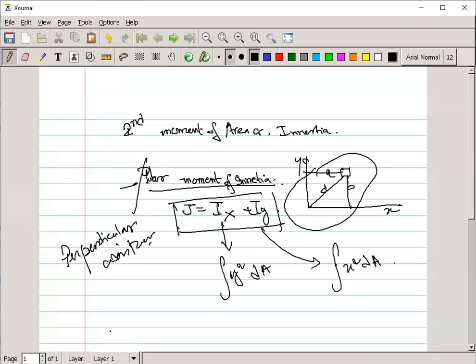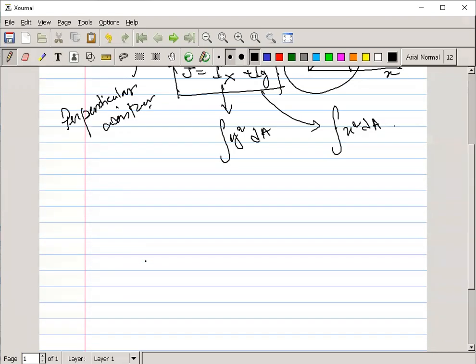And in the parallel axis theorem, what have we found?